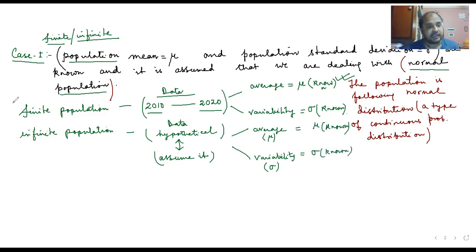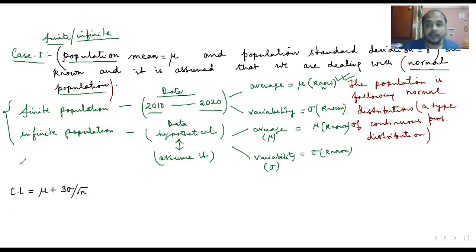If I deal with such a finite or infinite population, then in this case the central limit, you will see in the book, is given by mu plus 3 sigma by root n.